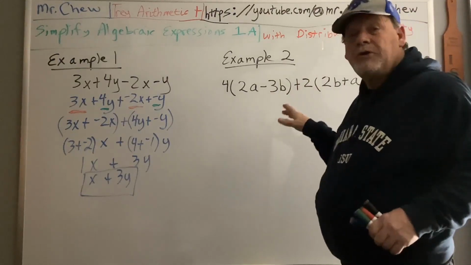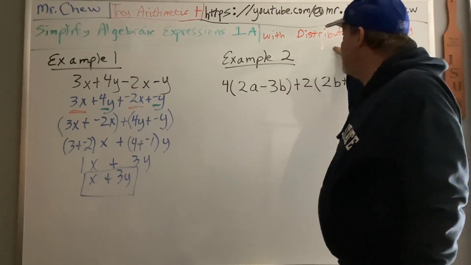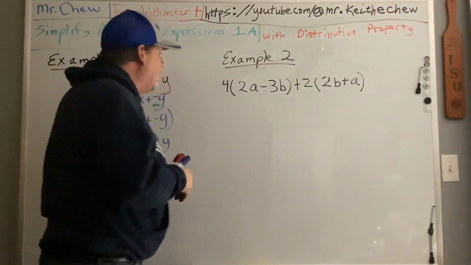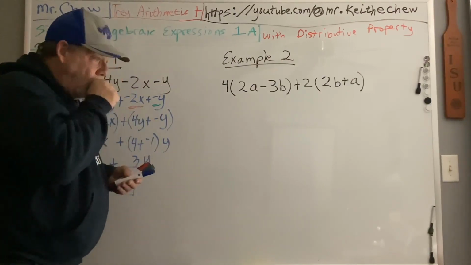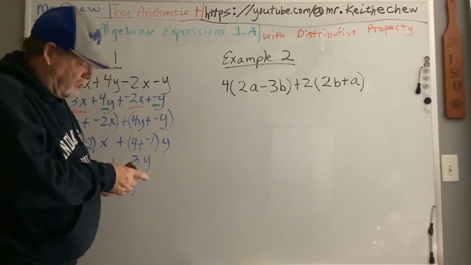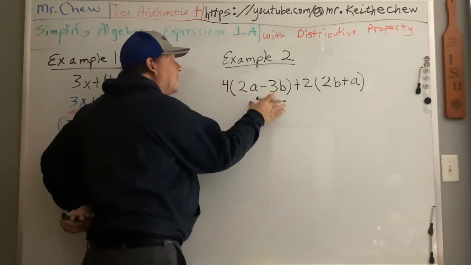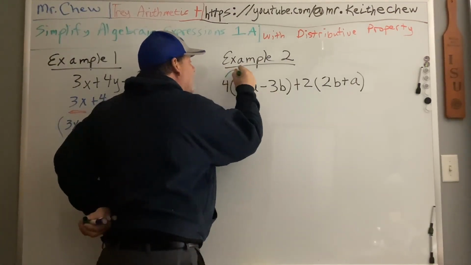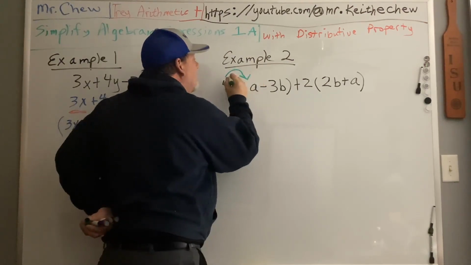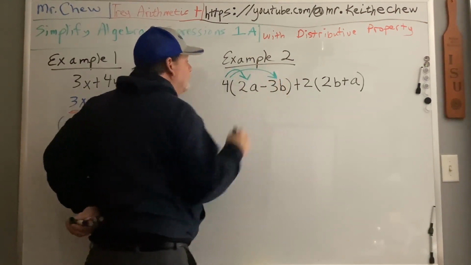All right, example 2 is much more complicated because it does have the distributive property with that number 2. The distributive property says that I have to take the number outside the parentheses and distribute it by multiplication.